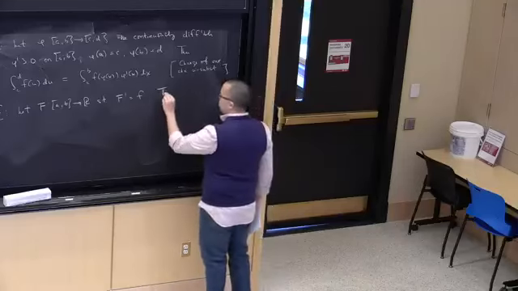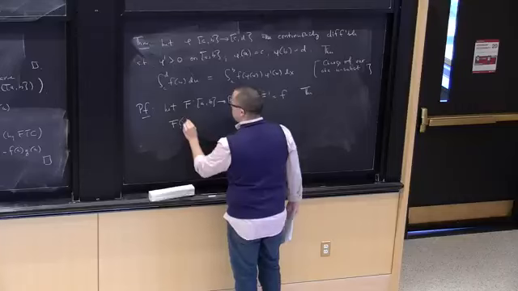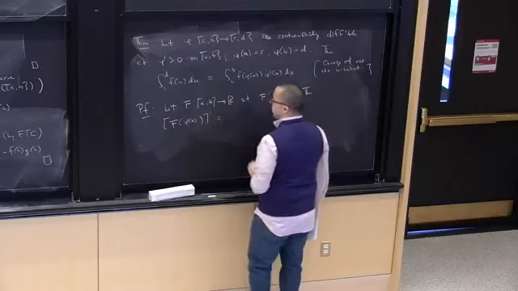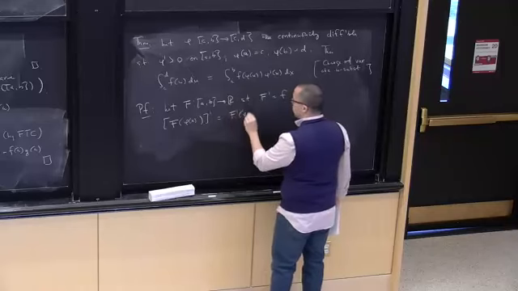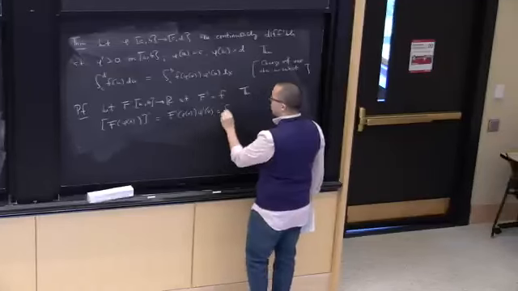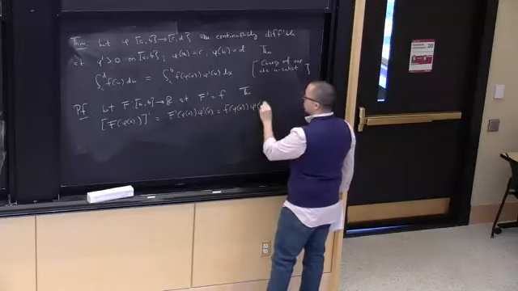Then if I look at the function F of phi of x, and I take its derivative with respect to x by the chain rule, this is equal to F prime of phi of x times phi prime of x, which equals f of phi of x times phi prime of x.